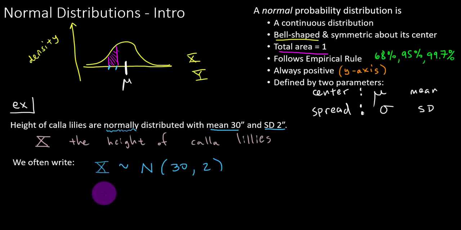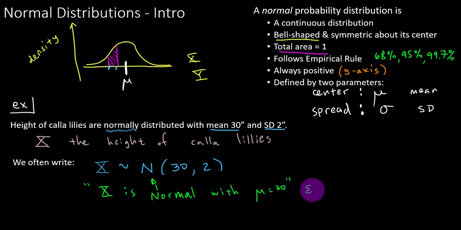So this is saying that our random variable X is normally distributed, that's what that N represents, with mean 30 inches and standard deviation 2 inches. So it's a really brief way to get a lot of info about a variable across.